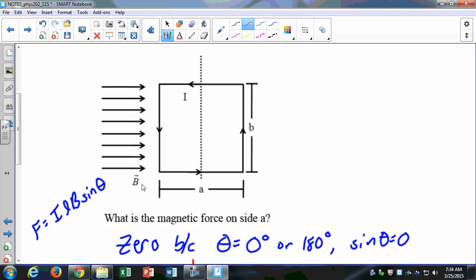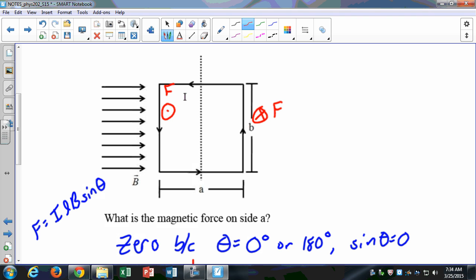What is the force that I feel on this side due to this wire? This is going to be out of the page. It's just going the opposite direction. So I have a force here that's into the page and a force here that's out of the page.